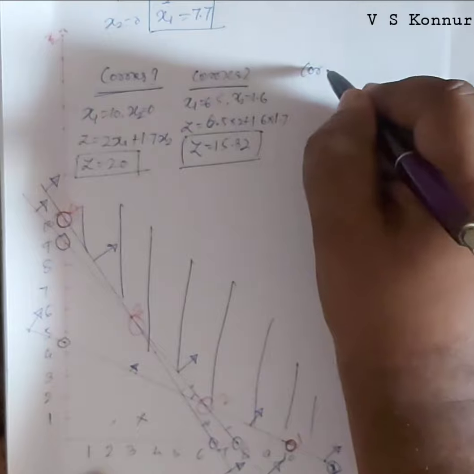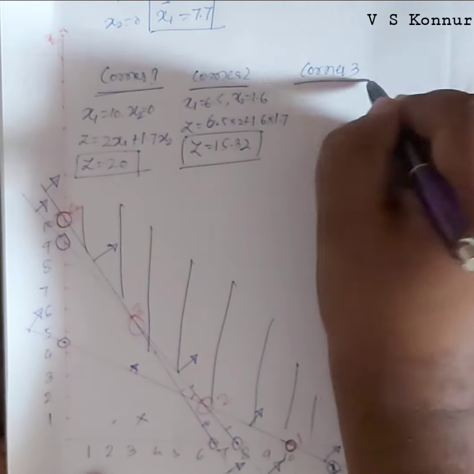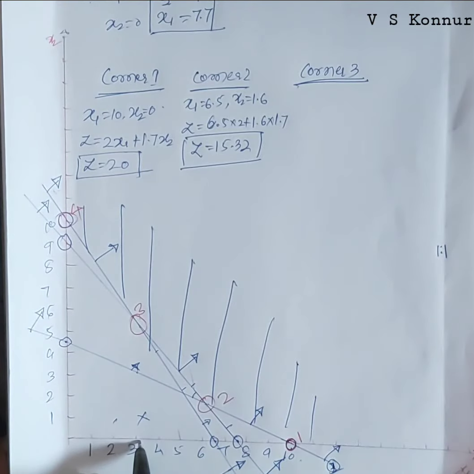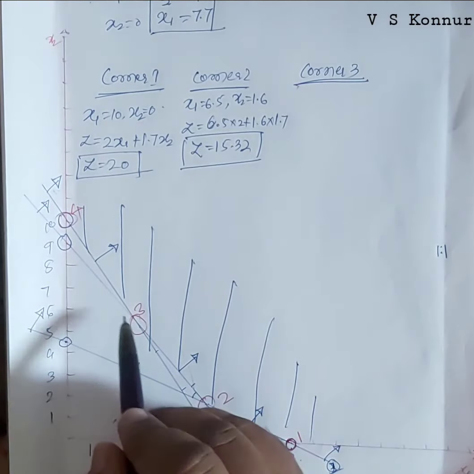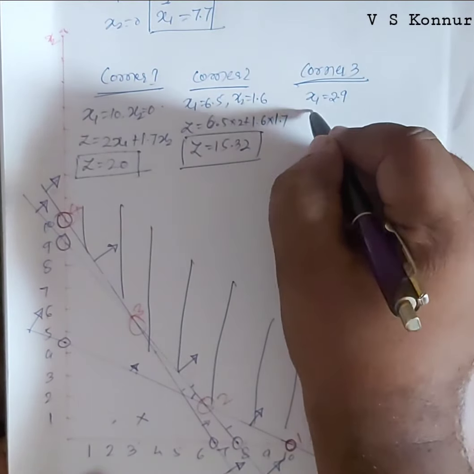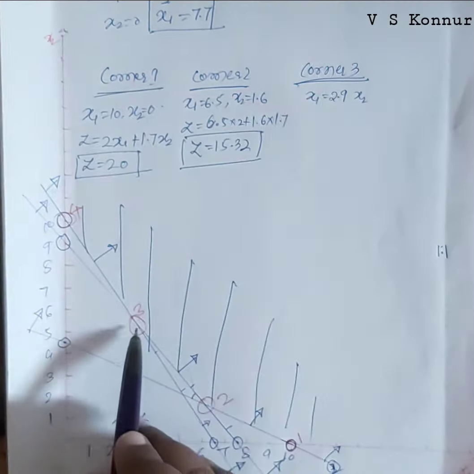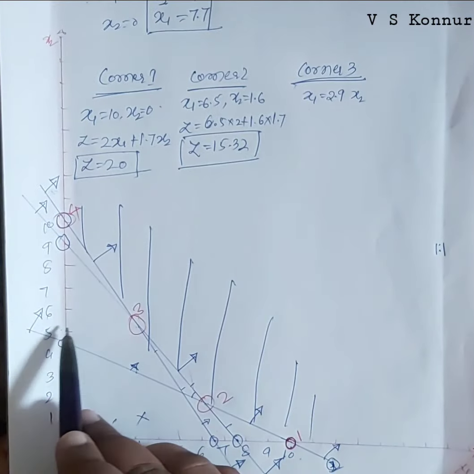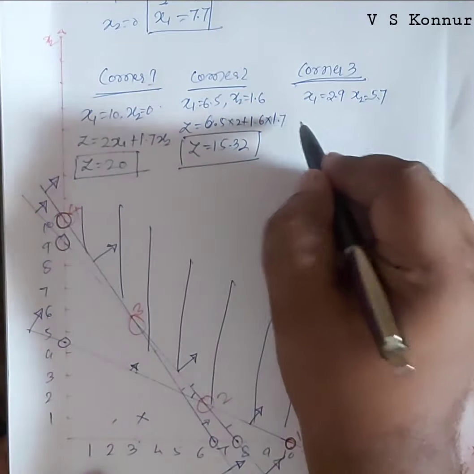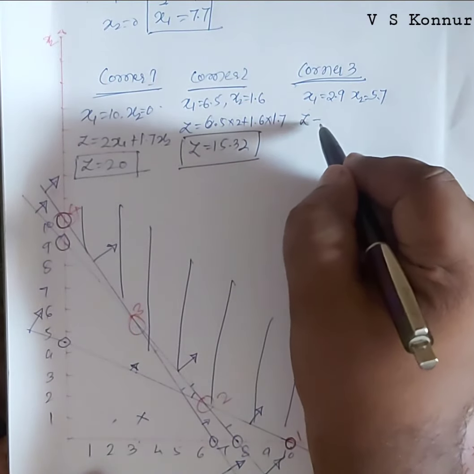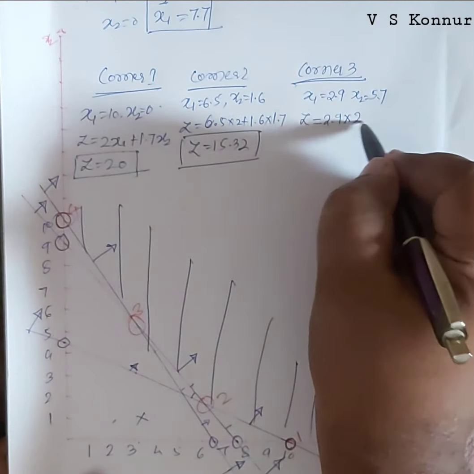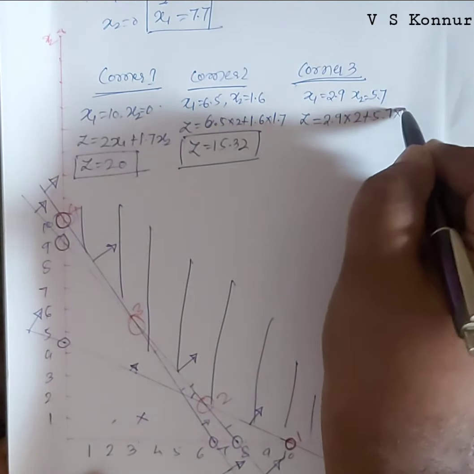Next we'll go for corner 3. This is corner 3. Find the value. It is around x1 is equal to 2.9, x2 is equal to 5.7. From the graph we will get exact values. So z is equal to 2.9 into 2 plus 5.7 into 1.7.